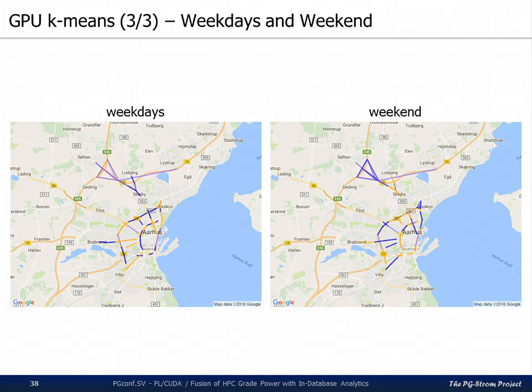A very small difference was observed in the road towards downtown. On the weekend, the road to downtown is categorized into the same color as the highway. So we can expect that on the weekend, the speed of cars going into downtown is higher than on weekdays.